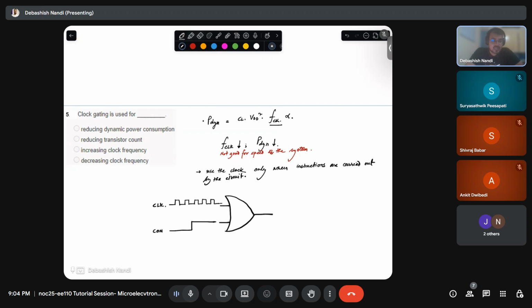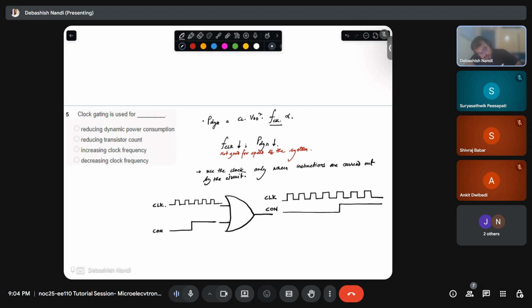So what does the OR gate do? Let me draw it, then you will be able to understand. Let's say this is your clock, and your control signal is something like this.